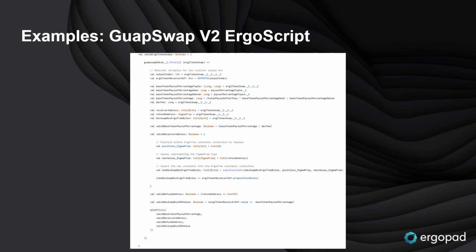So even though the Ergo script itself is really simple, we've just written a bunch of statements that have to be booleans. It's the interpretation, like what are you actually doing? What are you manipulating? That's where the complexity arises. It's a simple language, but you can do complex things with it.